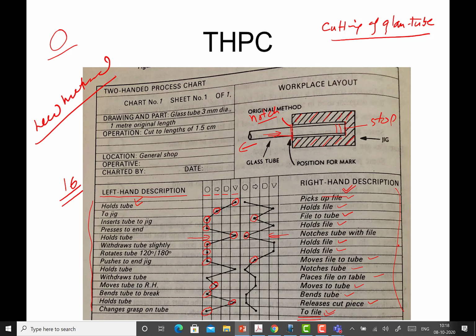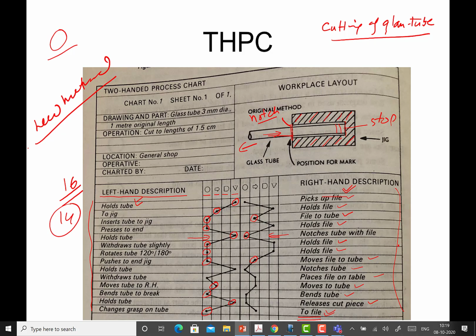So in the newer method after the critical analysis, it is 16 or 14 activities. When the critical examination is done, and after identifying what should be done, how it should be done, and what should be used, the new method is developed.